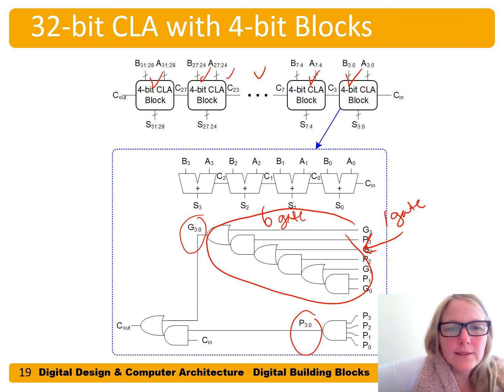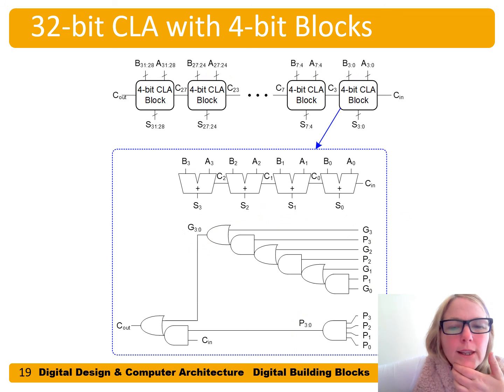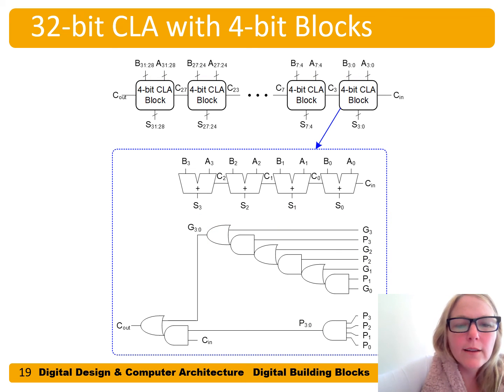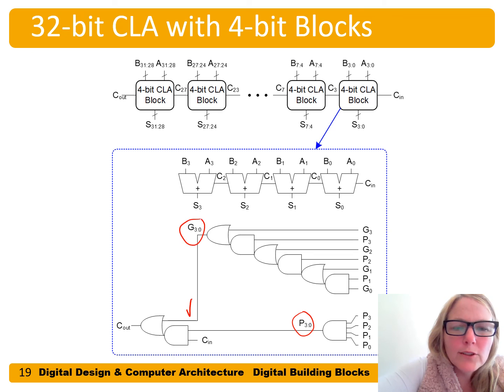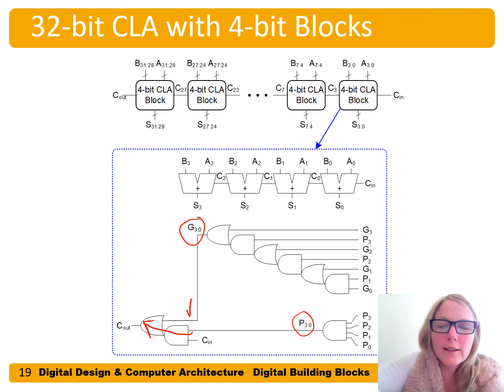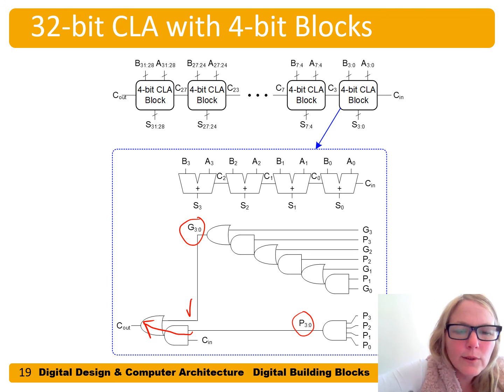propagate and generate signals. And now we can calculate the carry out of that block. So I have my block generate signal and my block propagate signal. Now it's going to take just a 2-input gate delay to get through this and or delay of calculating this block carry out. So this carry out is going to be C sub 3.